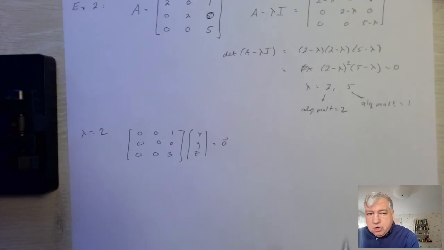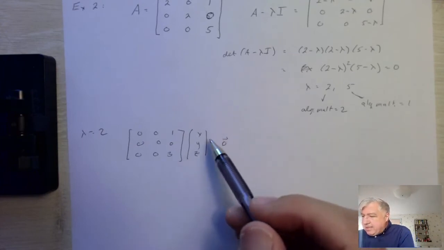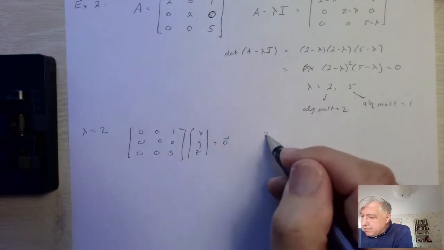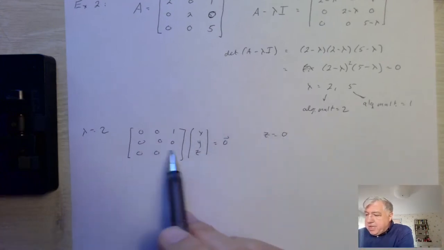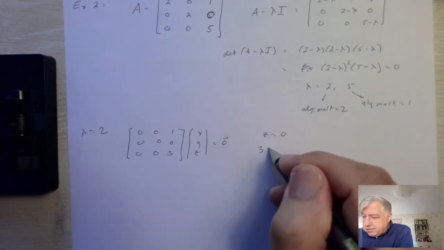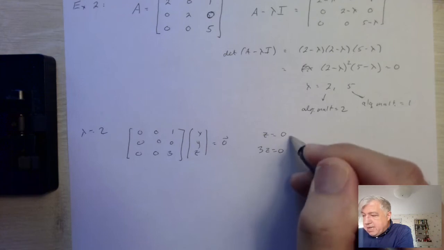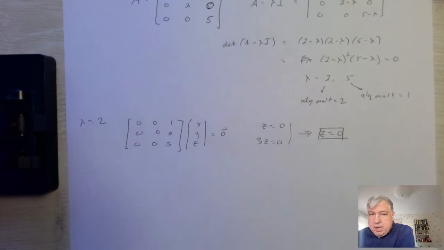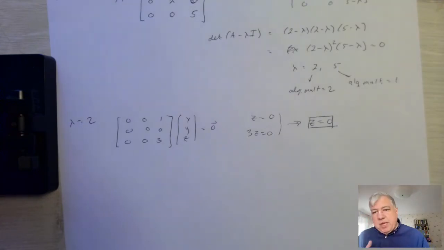We get z equals 0, the second line gives us 0 equals 0, and the third line says that 3z equals 0. So z has to be 0. Because we don't have any information about x and y, we can let x and y be anything we want.